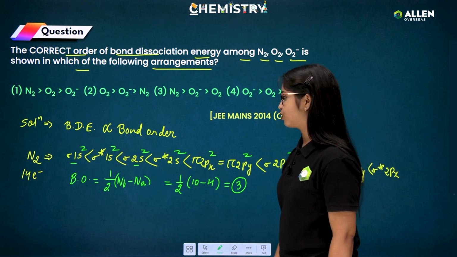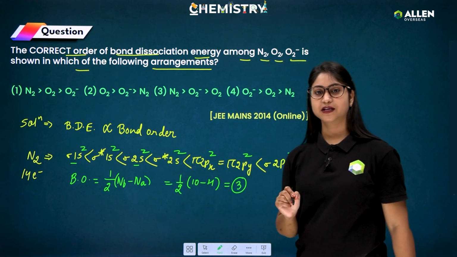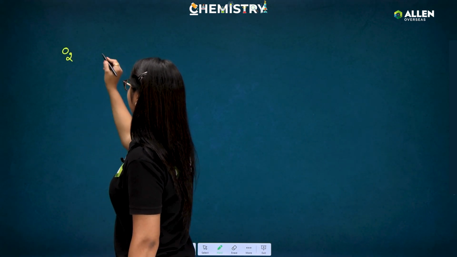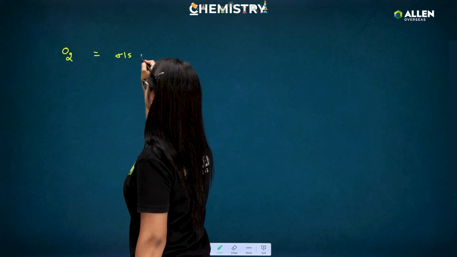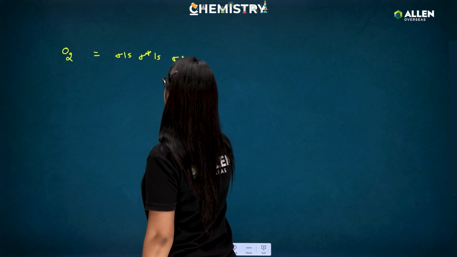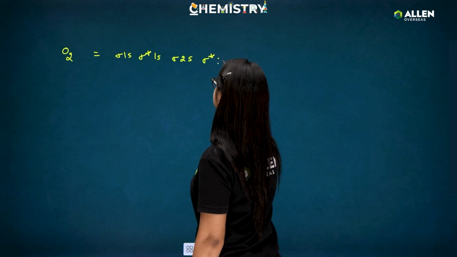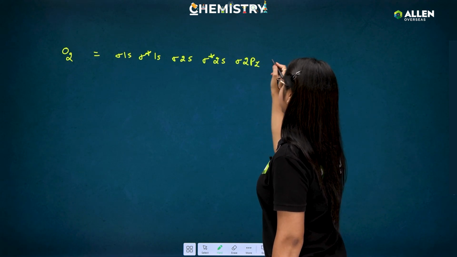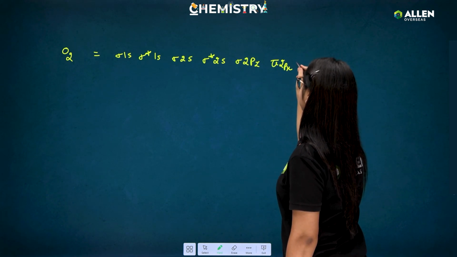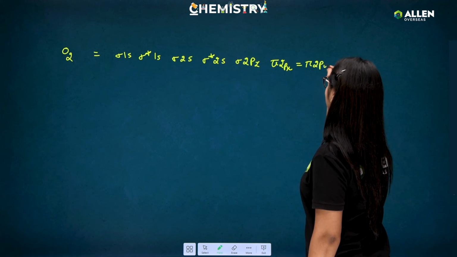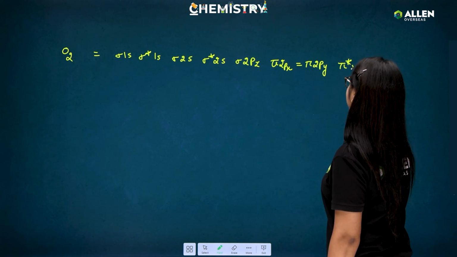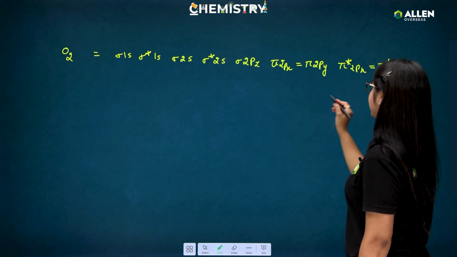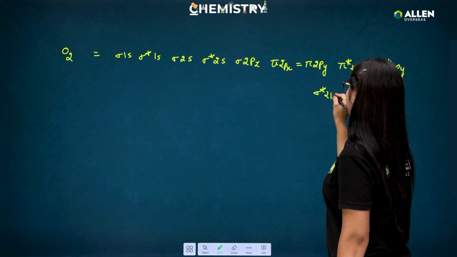Similarly, we can find the bond order for O2 and O2 minus as well. Let's write the energy order for O2. Sigma 1s, sigma star 1s, sigma 2s, sigma star 2s. Now there is no sp mixing, so sigma 2pz, pi 2px, pi 2py. Then you have pi star 2px equal to pi star 2py, and at last sigma star 2pz.